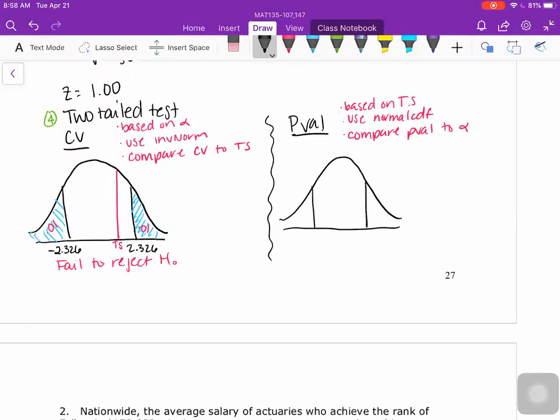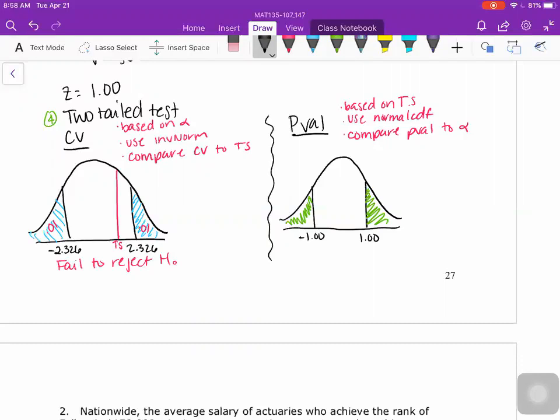So we have our two tails, and using a different color, the tails now represent our p-value. The right tail is bounded by our test statistic 1.00, and by symmetry, the left tail is bounded by negative 1.00.